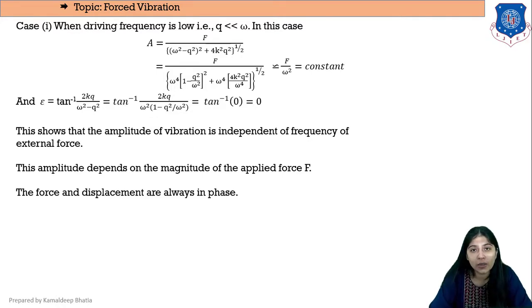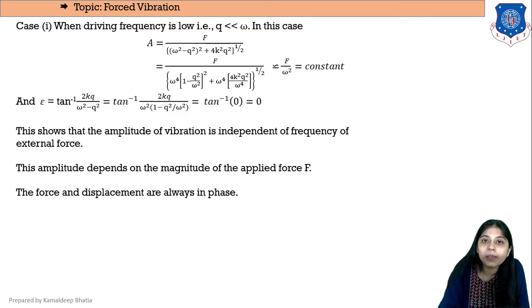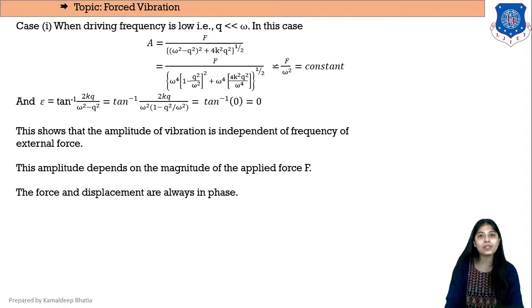If we take ω⁴ common from the denominator, we get ω⁴(1 - q²/ω²)² + ω⁴(4k²q²/ω⁴). The term inside the root in the denominator is very small, so it is negligible and we get approximately a = F/ω².